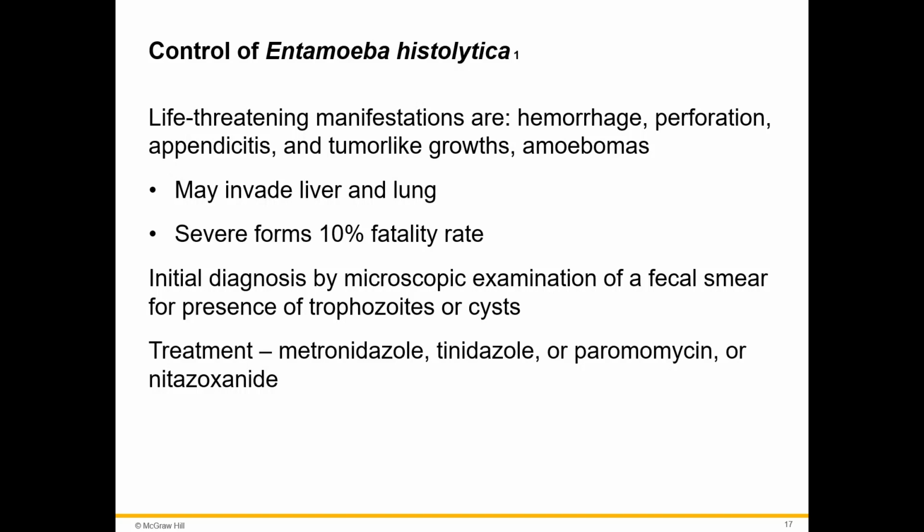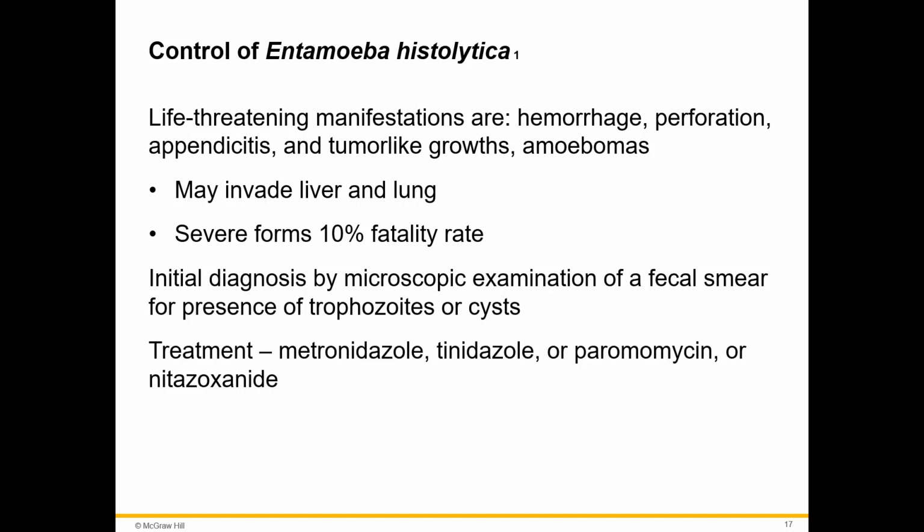You can also have perforation. You can even get appendicitis. You could get tumor-like growths and amoeba masses, okay? And they can become systemic and invade the liver and the lung. And so, in more severe forms, you can have a 10% fatality rate.